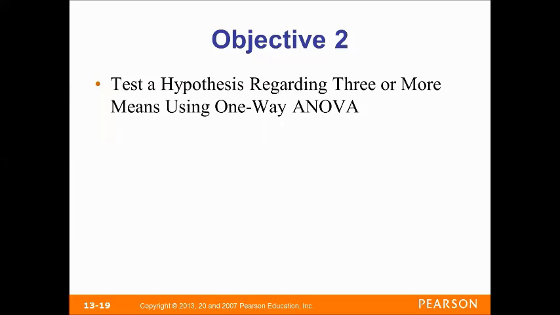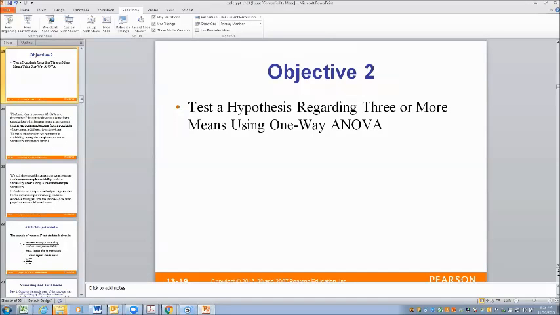Now we're going to start talking about how I can construct a one-way analysis of variance. In doing the one-way analysis of variance, we're going to use something called the F distribution.